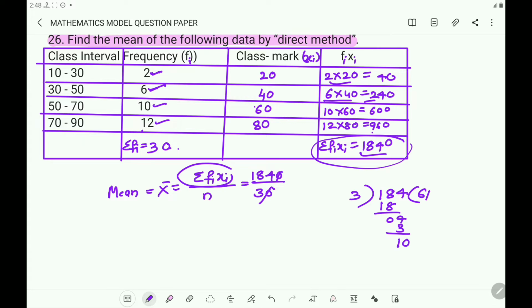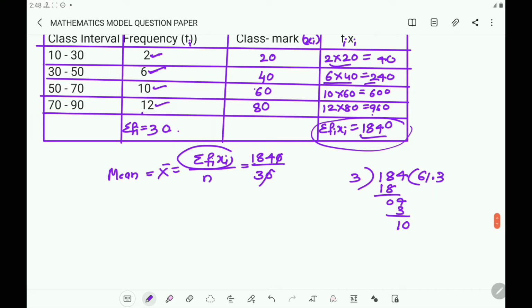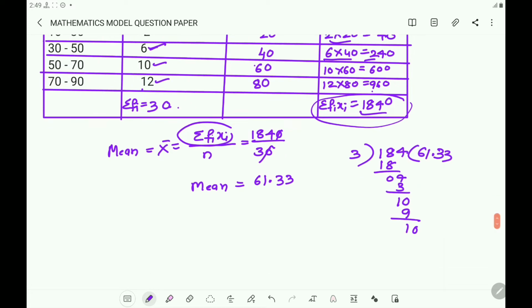Put 0 and the decimal point here. 3 threes are 9. Again 1 is coming. Again you put 0. 3 here, 1 is recurring. So you can write mean equals 61.33. In this way you got the mean 61.33.